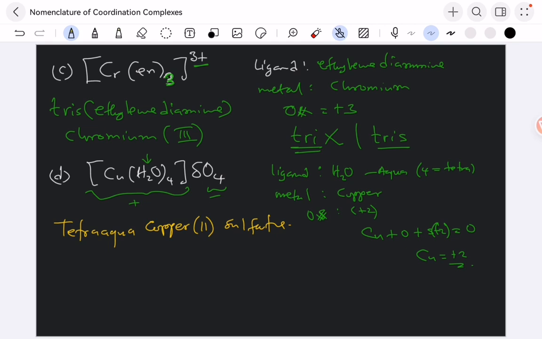Let's look at a more complex one, which is E. How can we name E? We have [Co(Cl)(NO2)(NH3)4], then positive. So it's on the positive side.